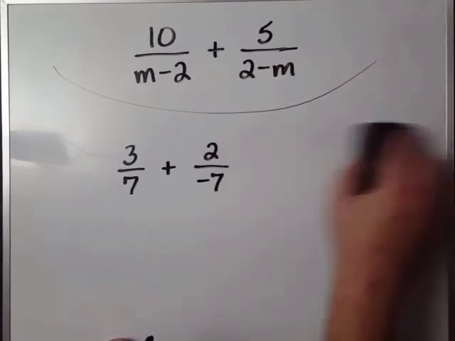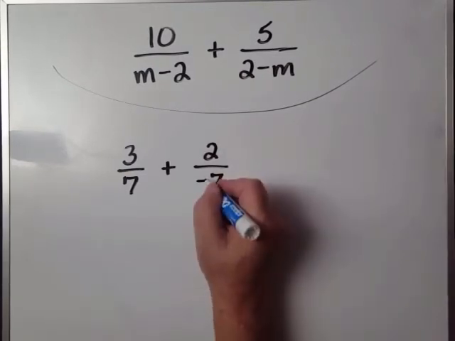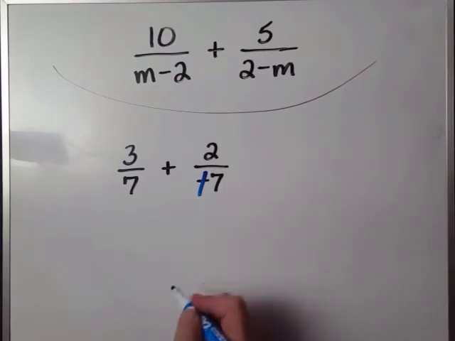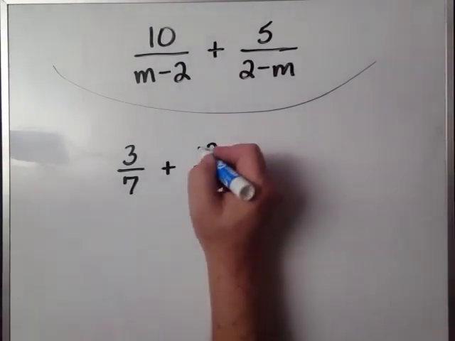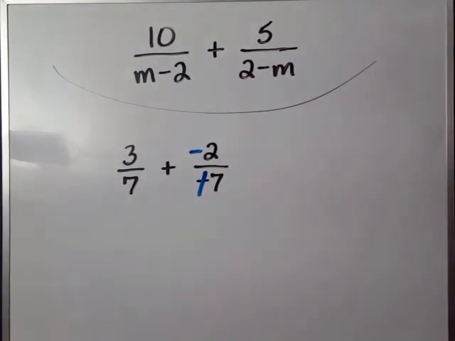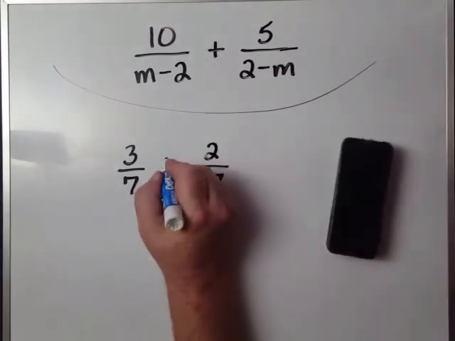So one thing I could do is take the opposite of this denominator and give that negative either to the top or to the front. If I were to give this to the front, this would become a subtraction problem, right?